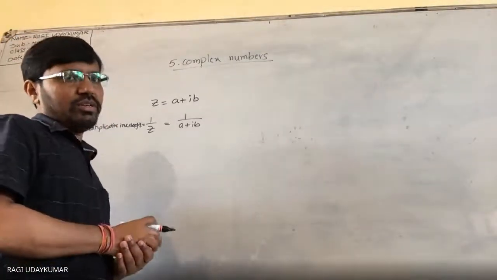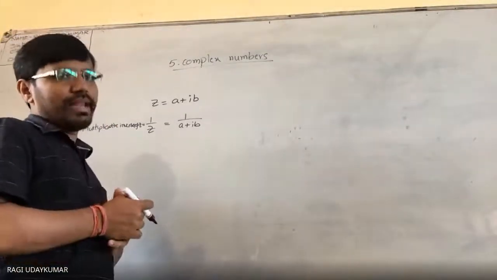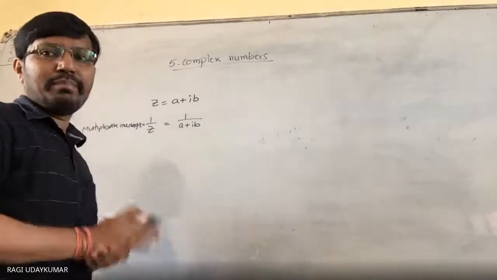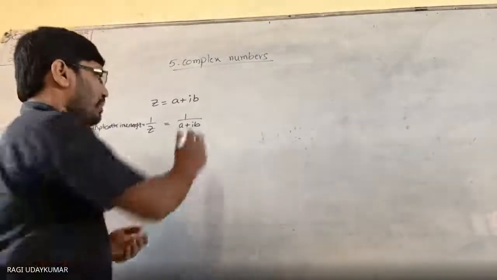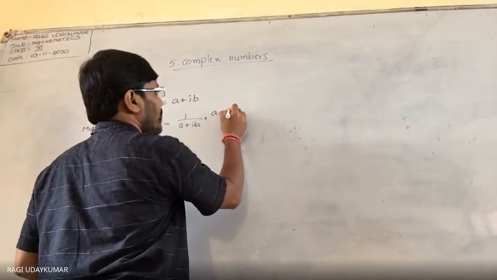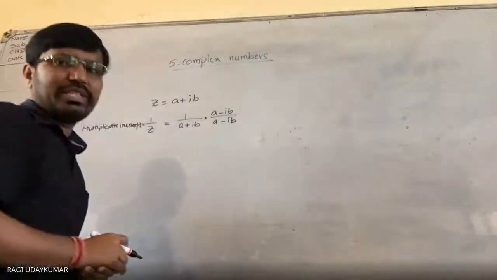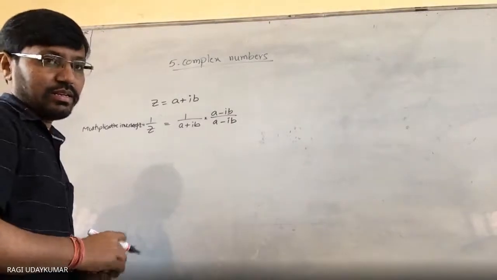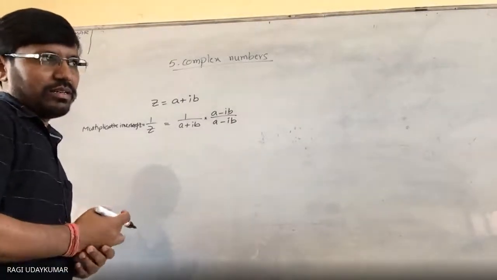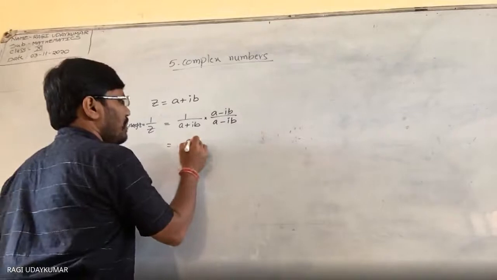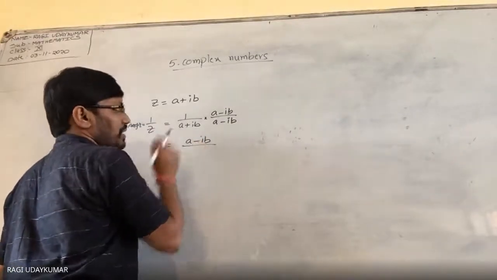I will show it to you. Whenever you want to find this value, you multiply a minus ib in the numerator and denominator, just like rationalizing the denominator. So in the same way, a minus ib comes in the numerator.